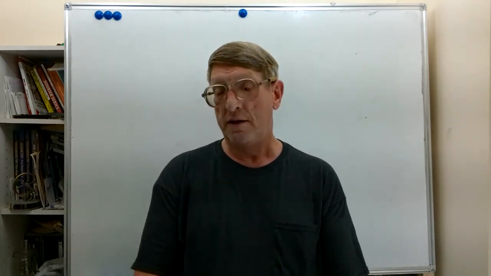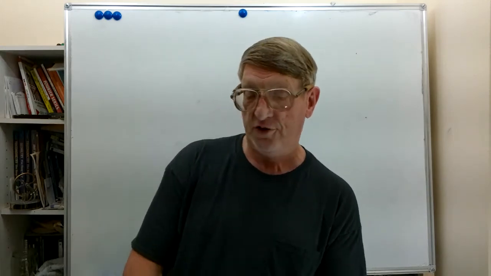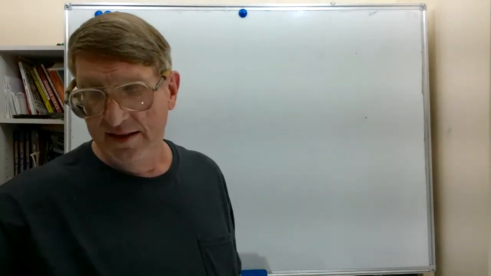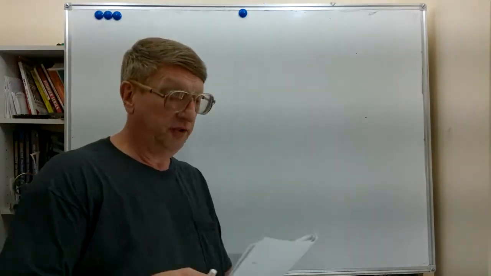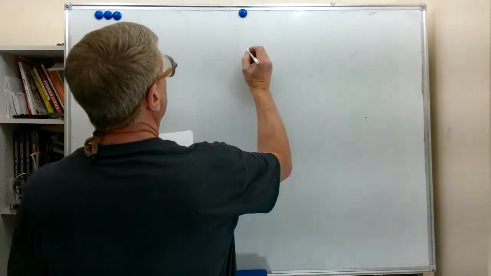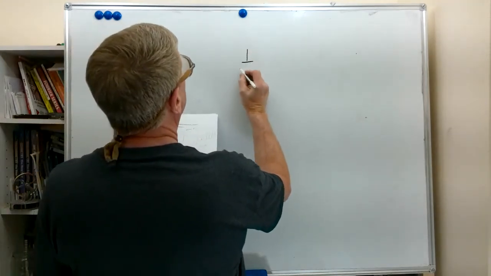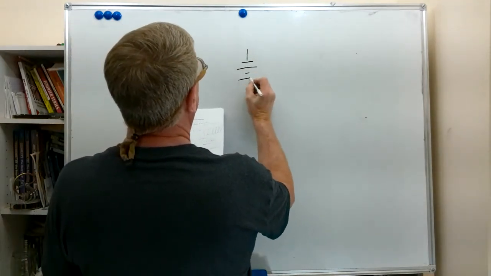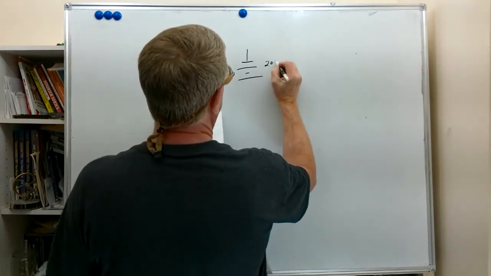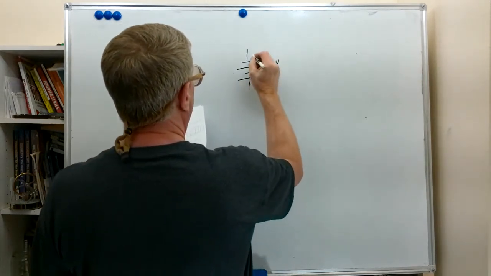We're going to talk about parallel circuits today. And let's start by thinking about what a parallel circuit is. I'm going to draw a circuit here. And this is going to be a 20-volt battery.